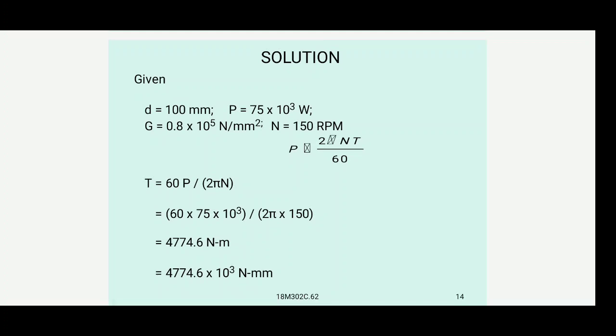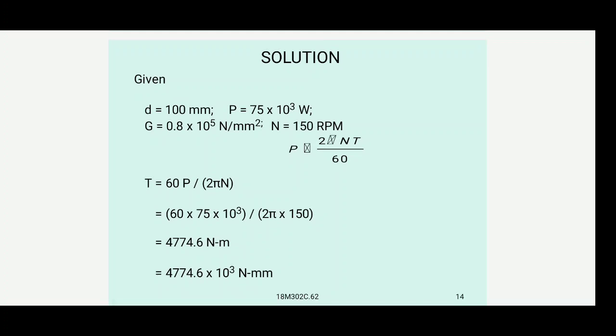Solution: given that the diameter of the shaft is 100 mm, power is equal to 75 into 10 to the power of 3 watts, modulus of rigidity is 0.8 into 10 to the power of 5 Newton per mm square, speed N is equal to 150 rpm.